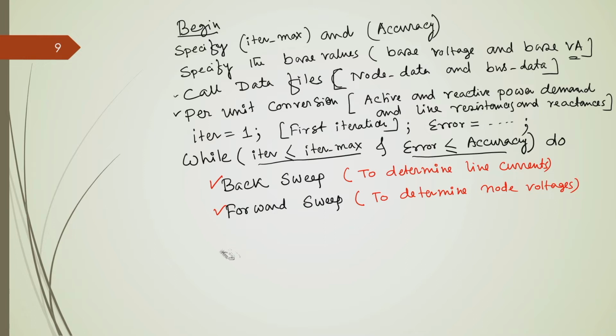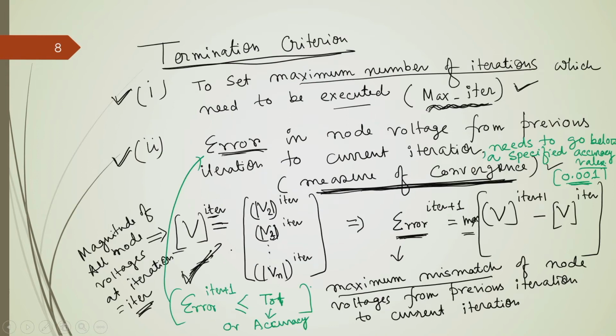Now, after doing so, we will make an iterative count, that is ITR equal to ITR plus 1. And then next we will compute this V of ITR.